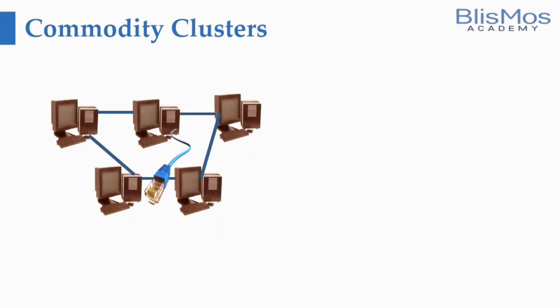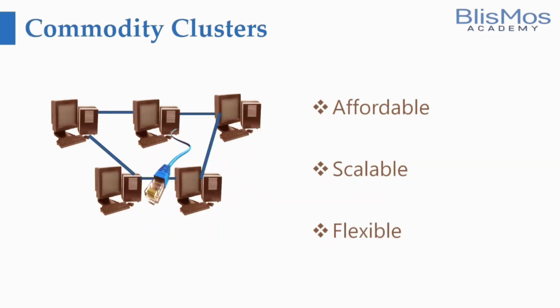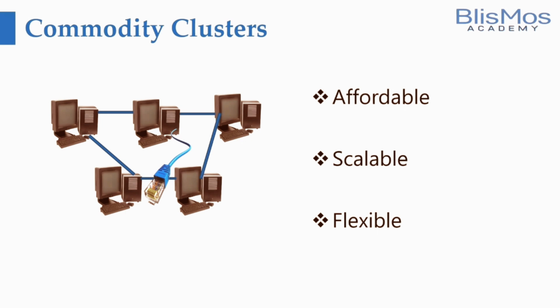On the other hand, commodity clusters are affordable, scalable, and also flexible. As I said, if you want to go and buy a laptop or a desktop, they're definitely affordable as compared to the servers. Assuming that your data is increasing, we can go and buy one more, as against the servers.